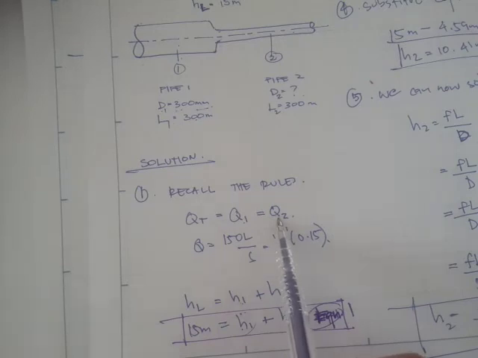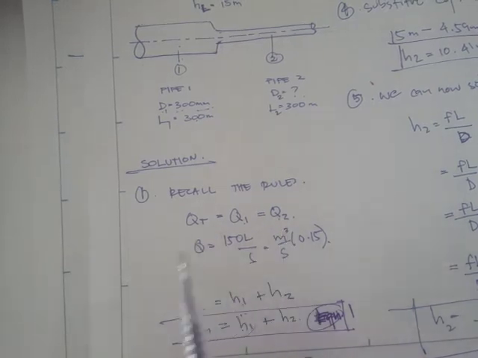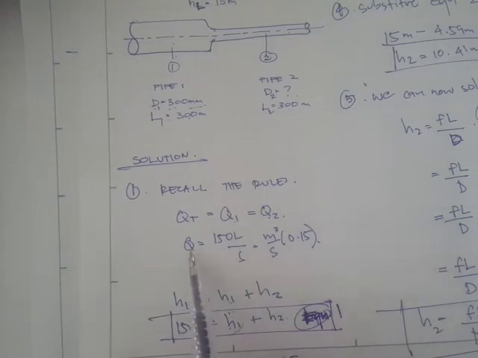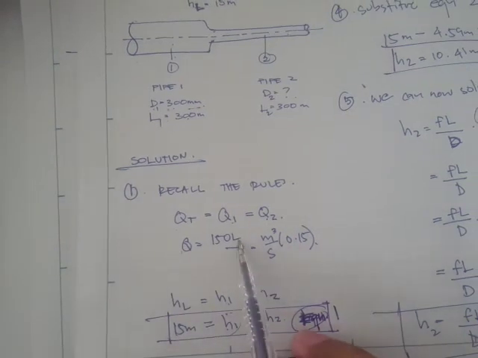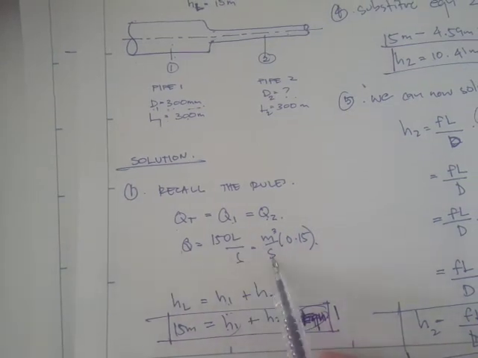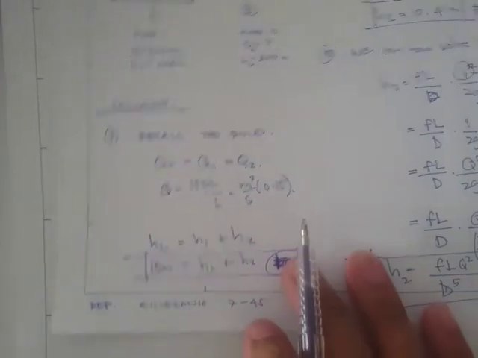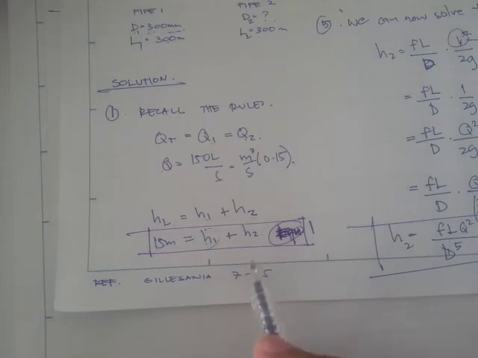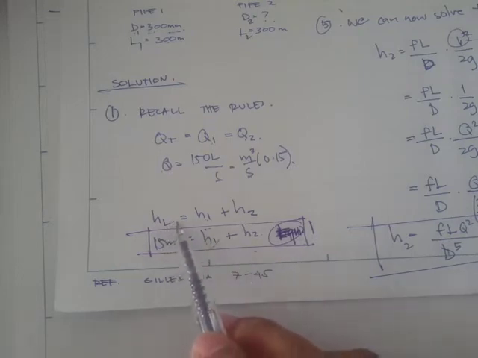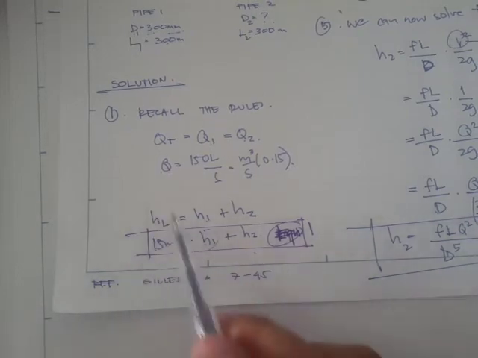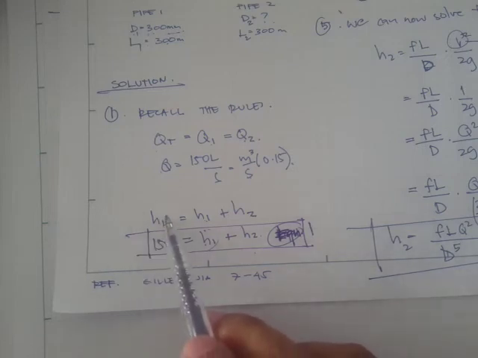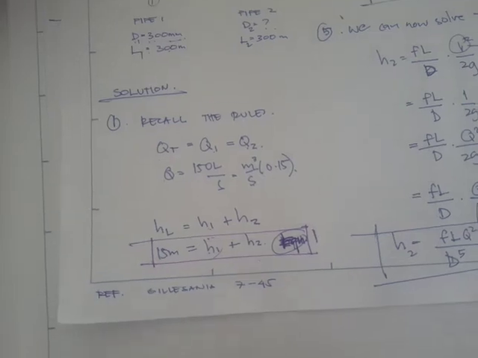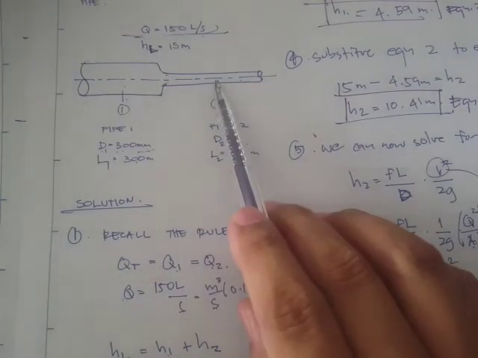It's just simply the total flow rate. Then we converted the flow rate from liters per second to meter cube per second. Then we also applied the second rule about head loss, and we know that in series connection the total head loss would be simply the sum of the head loss at 1 plus the head loss at 2.